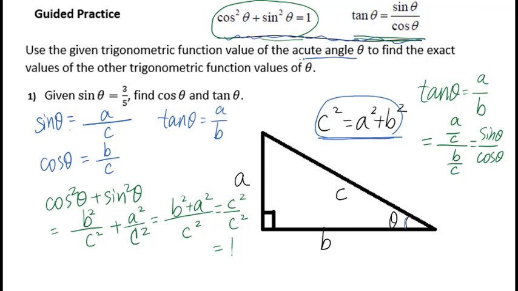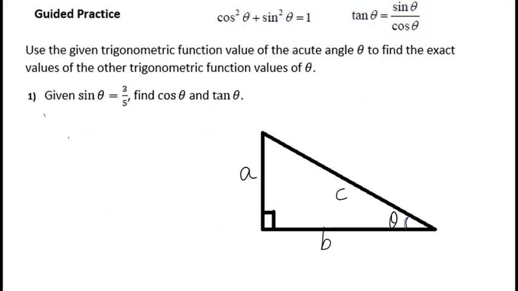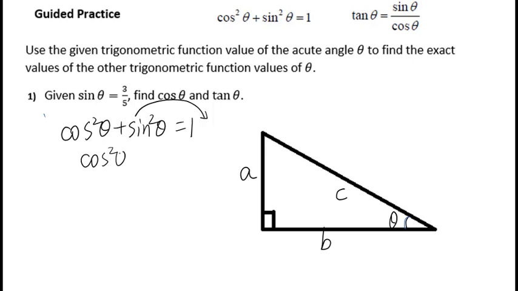Since this is an acute angle theta, sine, cosine, and tangent are all positive. So cosine squared theta plus sine squared theta equals 1. On both sides, we subtract sine squared theta. We will get cosine squared theta equals 1 minus sine squared theta. Square root both sides.